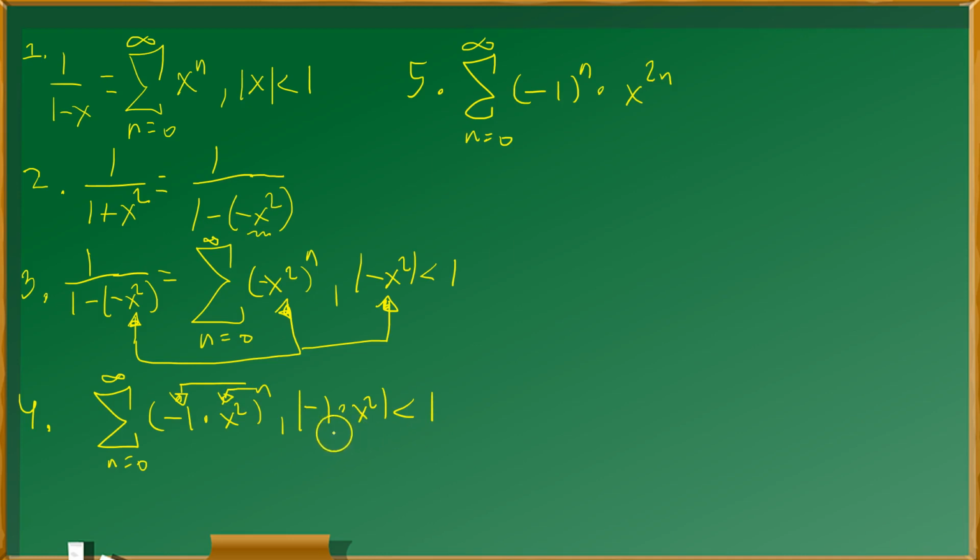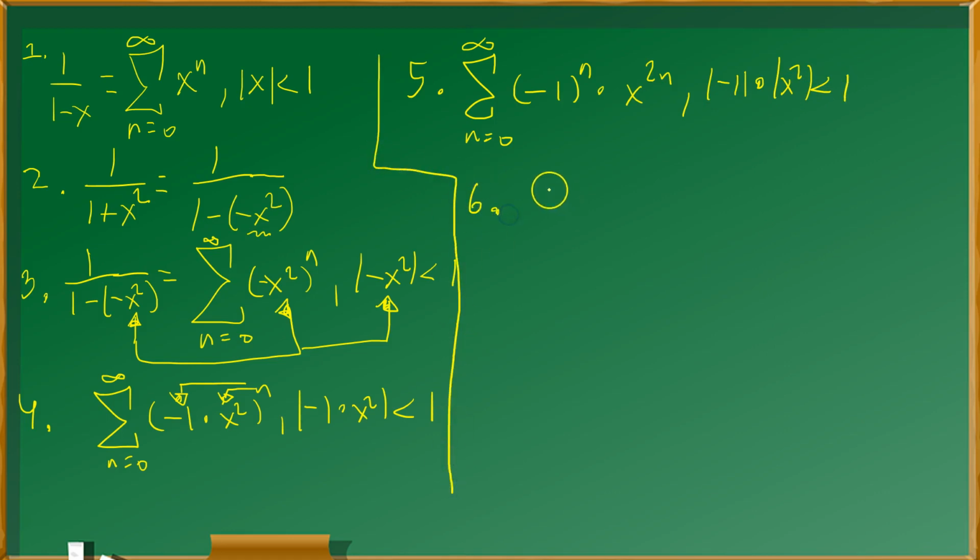In the inequality where you have negative 1 times x squared, there's a basic rule of absolute value. You can distribute the absolute value bars to each factor when you're multiplying. Negative 1 is a factor, x squared is a factor. Therefore, over here I can say negative 1 in absolute value times x squared in absolute value less than 1. Let me separate this out so you don't get confused here.